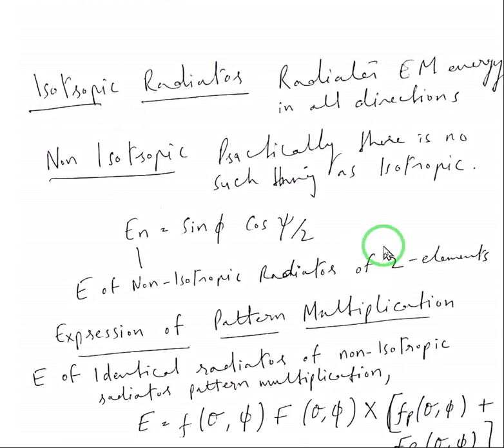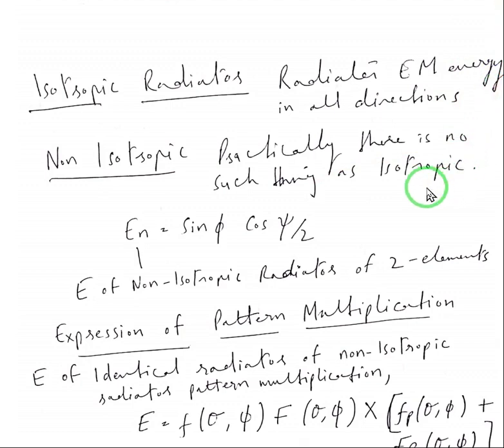Isotropic radiator is defined as the radiator that radiates EM energy in all directions. That means an antenna which radiates electromagnetic energy equally in all directions is called an isotropic radiator.